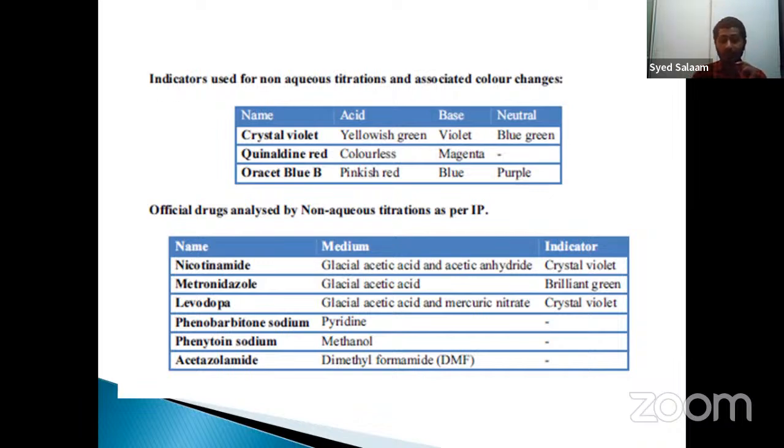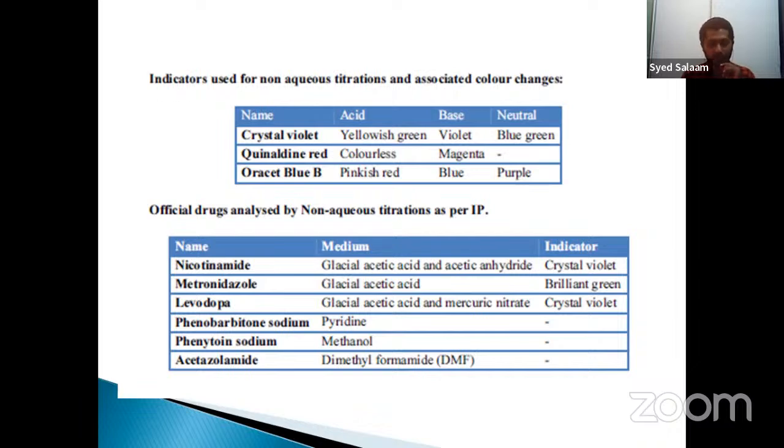So what are the various official drugs that are assayed by non-aqueous titrations? Nicotinamide is assayed in glacial acetic acid and acetic anhydride using crystal violet as indicator. Metronidazole uses glacial acetic acid medium with brilliant green as indicator. Levodopa uses glacial acetic acid with crystal violet.